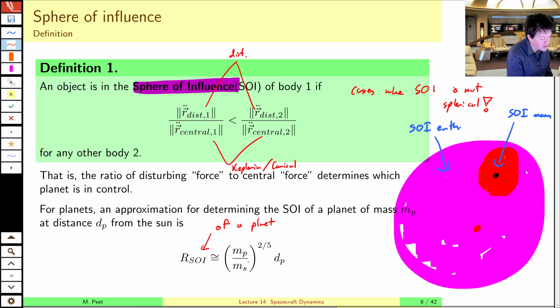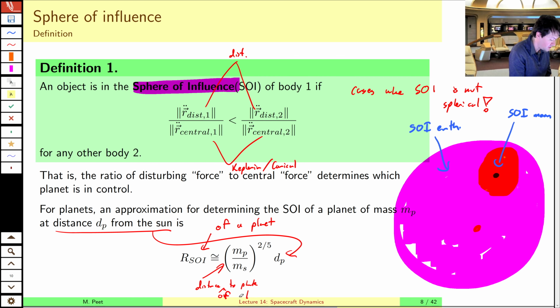So the criterion is that your distance to the planet should be less than the mass of the planet divided by the mass of the sun to the power 2/5, times the distance of the planet from the sun.